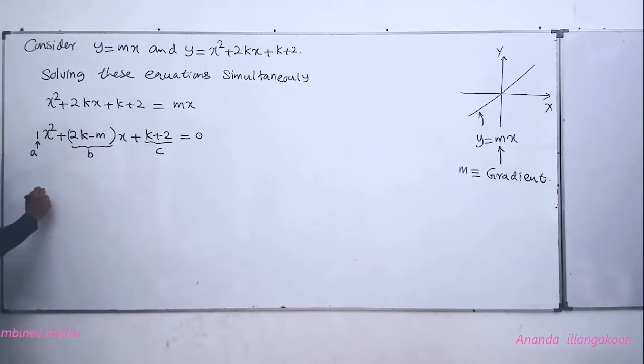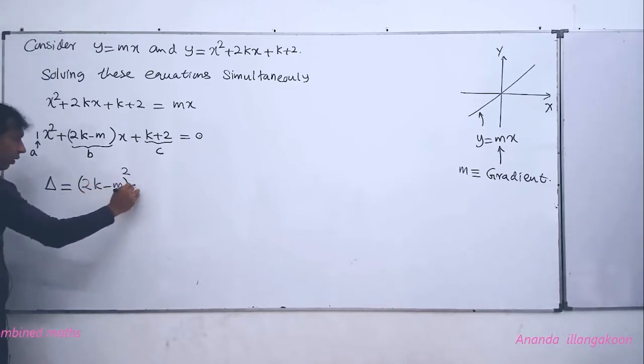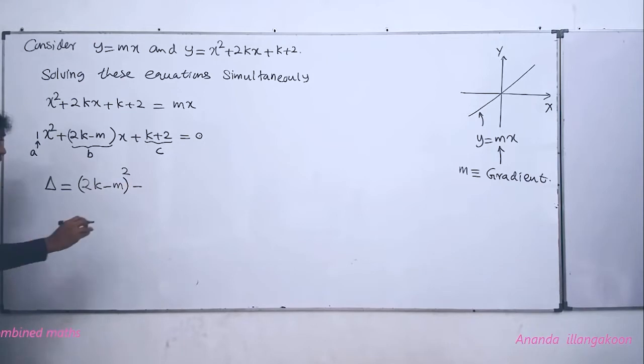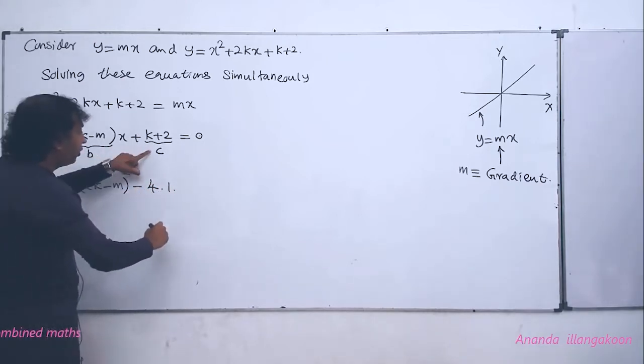Delta now: b squared, (2k minus m) whole squared, minus 4 times a, which is 1, times c, people, k plus 2.